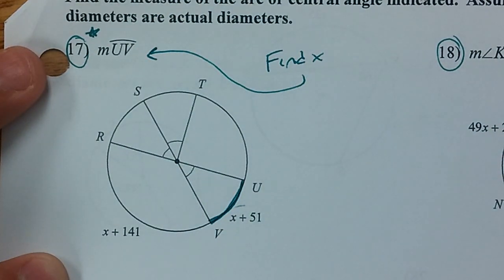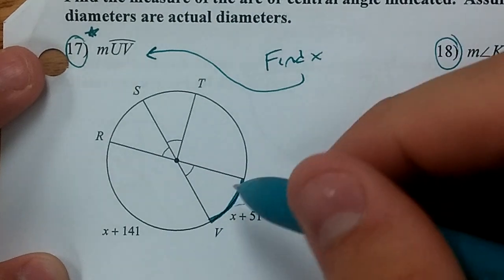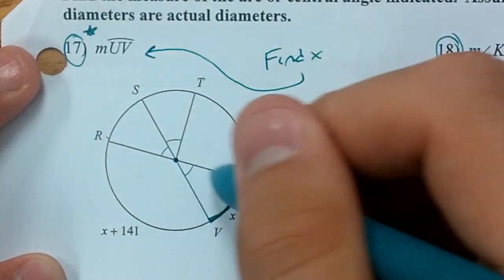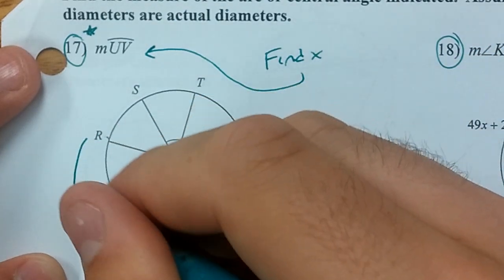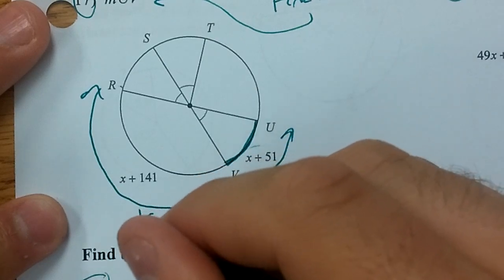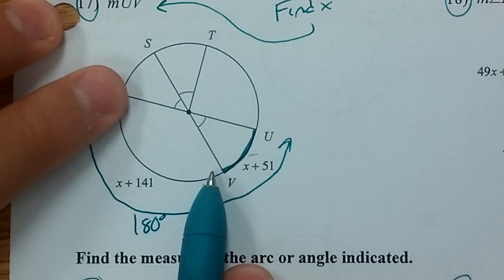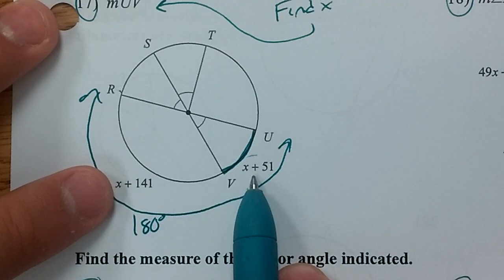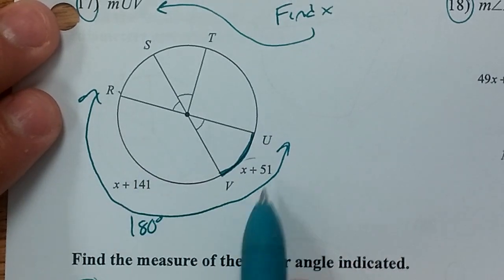So for finding x, we need an equation. If you'll notice that RU, this entire length here, is a diameter, which means that from here to here, that arc is 180 degrees, which means that this piece, which we know as x plus 141, and this piece, x plus 51, should add up to 180.